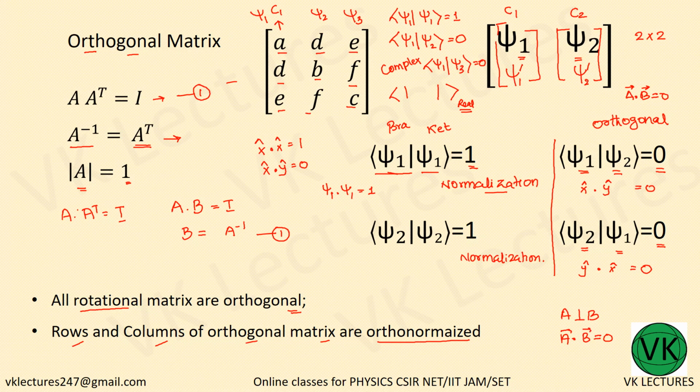This is called the orthogonal condition. Now, just now we have seen, this is the same thing that we have seen here. The rows and the columns of an orthogonal matrix are orthonormalized, orthogonal as well as normalized.